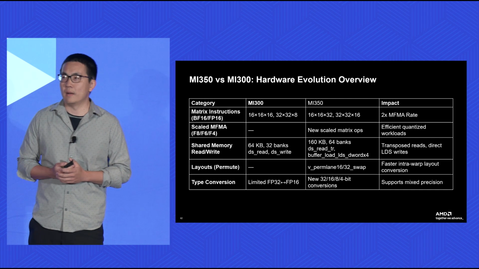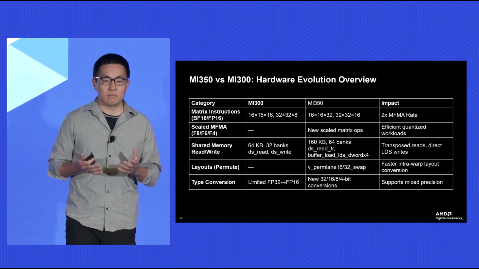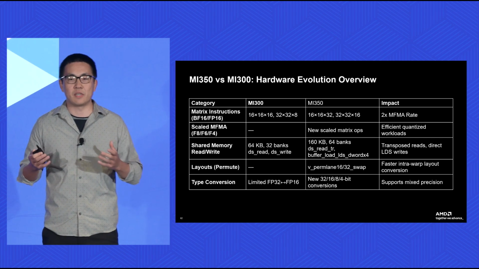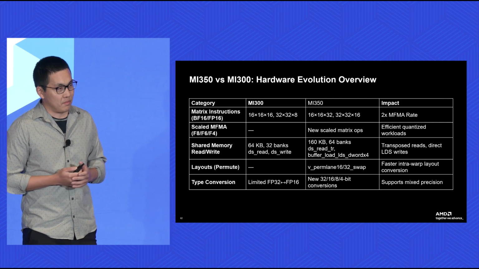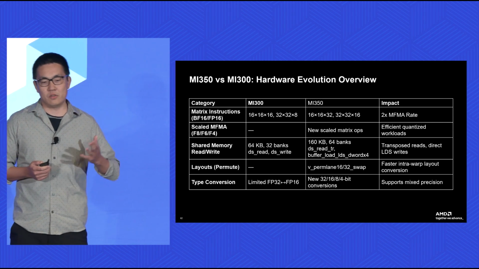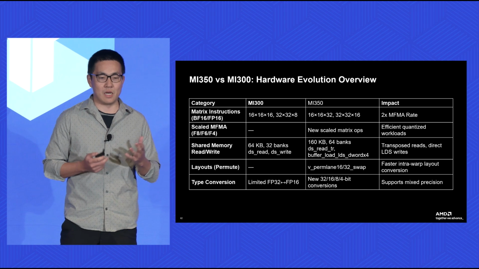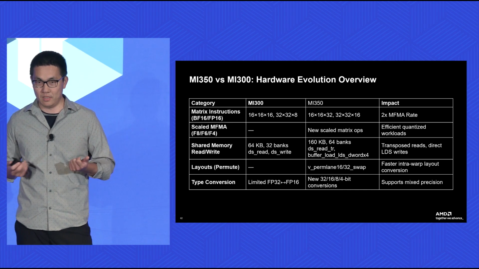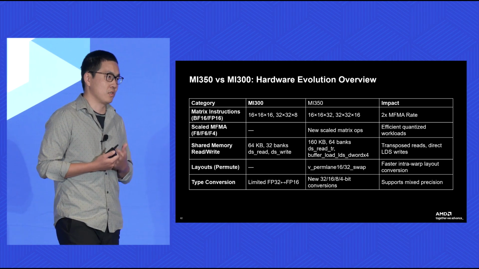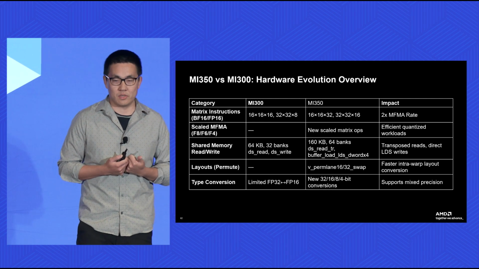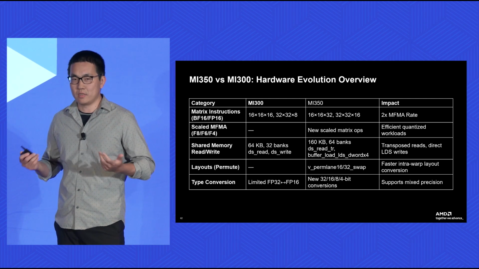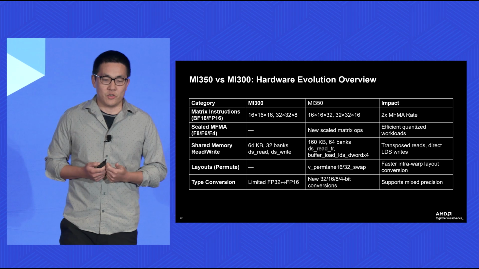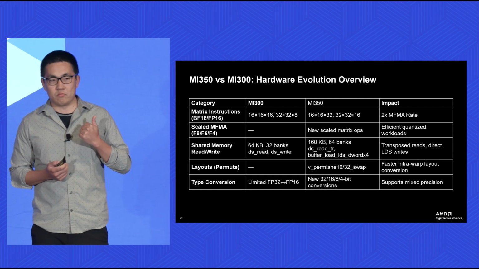All right. Now let's look at the hardware improvements that make MI350 exciting. Compared to MI300, MI350 doubles the matrix instruction rate. It also introduces scaled MFMA instructions, which enable efficient quantized workloads. The shared memory system is much larger.